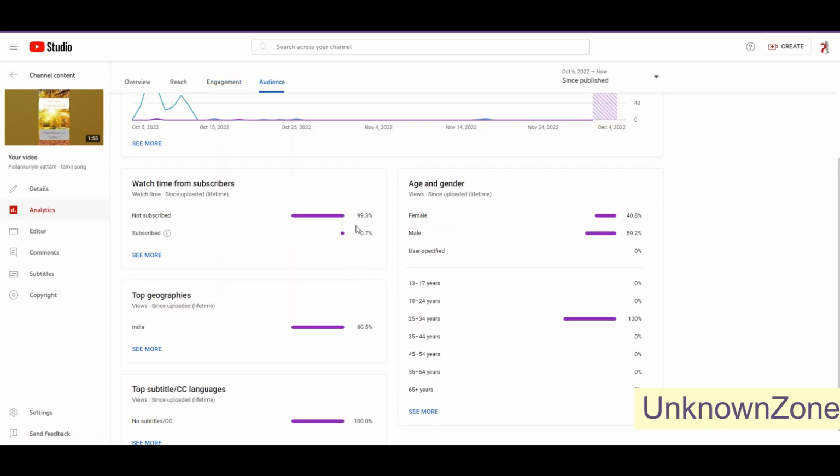This audience section is also really important because 99.3% of the people who watch this are not our subscribers. So, same as before, we need to improve the content, and this is kind of a problem. I mean, yes, people watching is important, and we need a lot of people, and the population is higher, so many people are watching it.